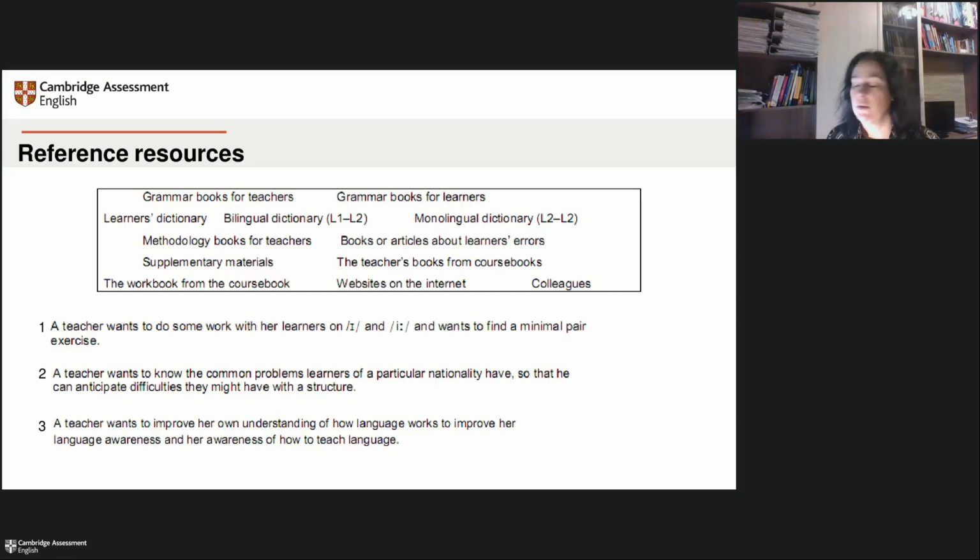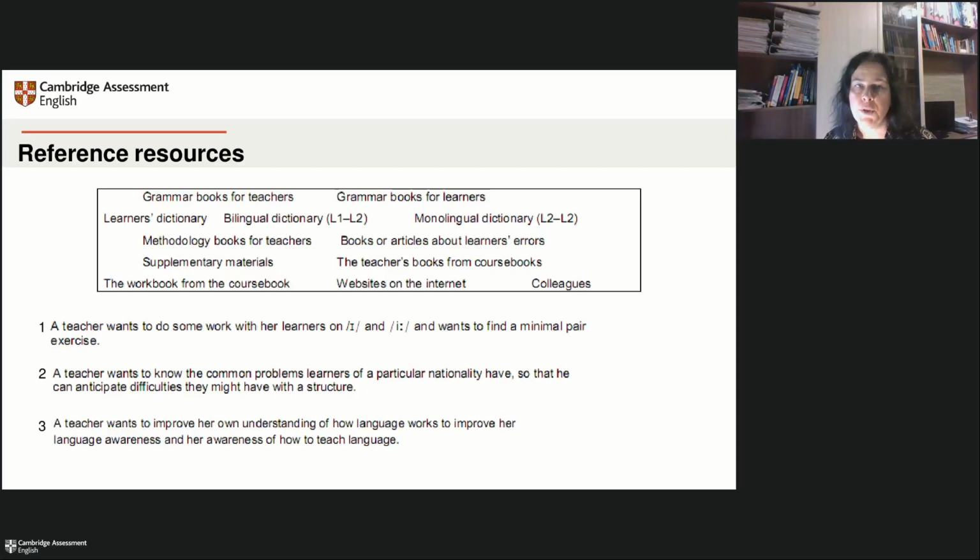Colleagues, absolutely right, why not? Yes, some supplementary materials, yeah, but there are many. Could you choose 1 or 2?